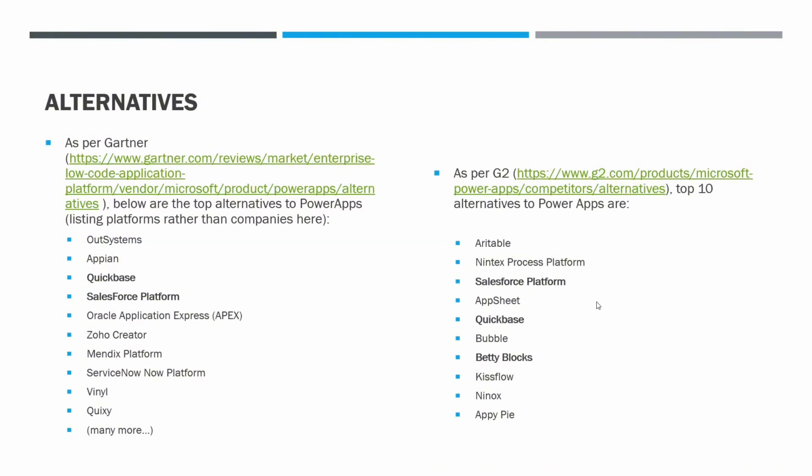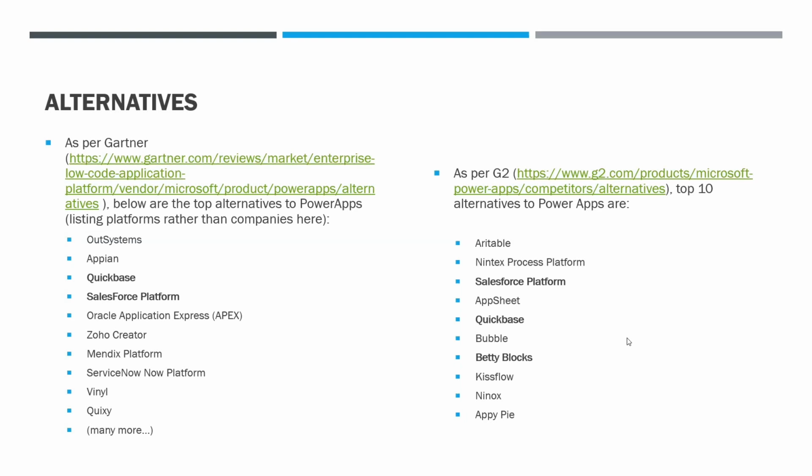But at the end of the day, it comes down to familiarity, resource availability, and price. Salesforce probably sells for $70 per user per month. QuickBase is common here, Salesforce is common here. Betty Blocks is common here in the sense that it was in the Gartner list in 15th, 20th place.